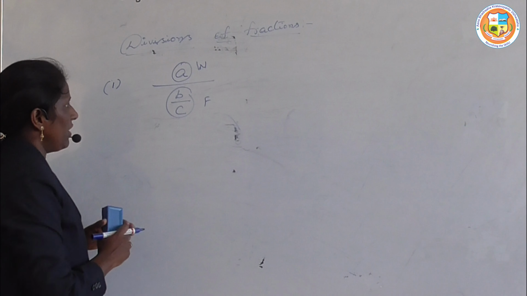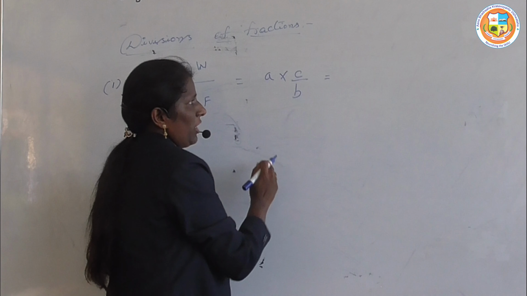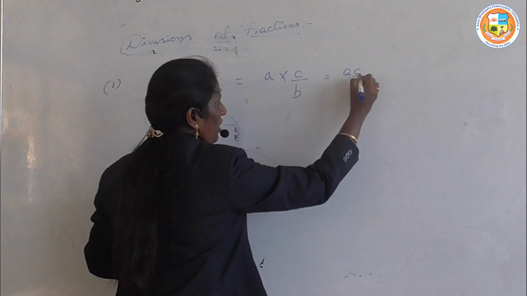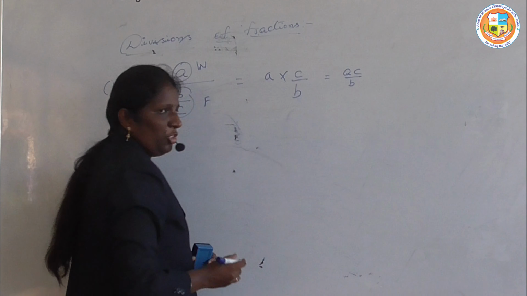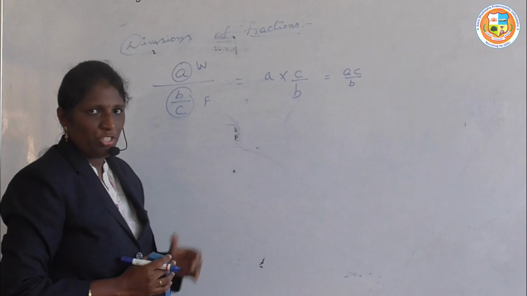How to do whole number divided by fraction? Here a fraction is in the denominator, which means we always take the reciprocal. Reciprocal means interchange the fraction. Now here a into the reciprocal of b by c, which is c by b. Now multiply a into c, ac by bc: product of the numerators by product of the denominators. This is the first case.